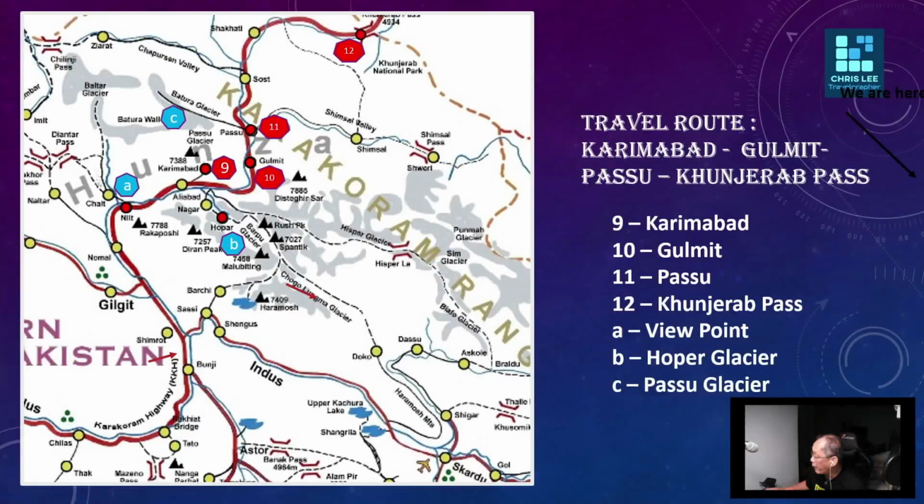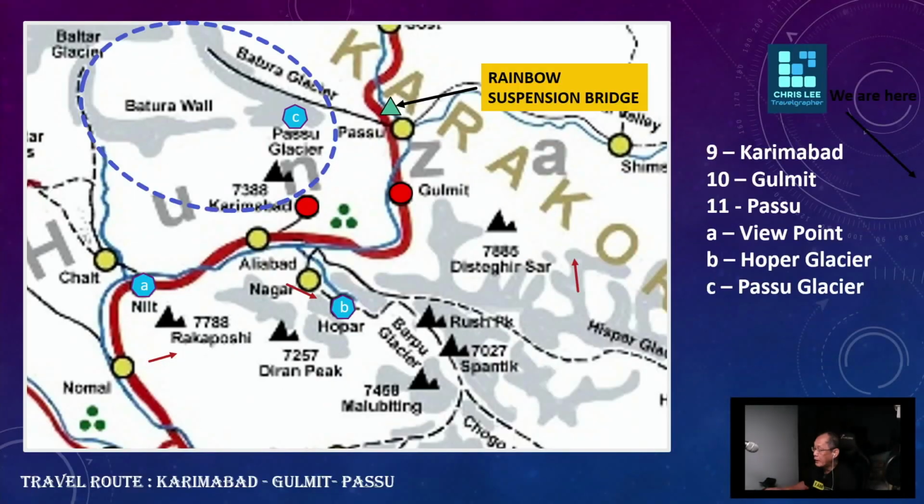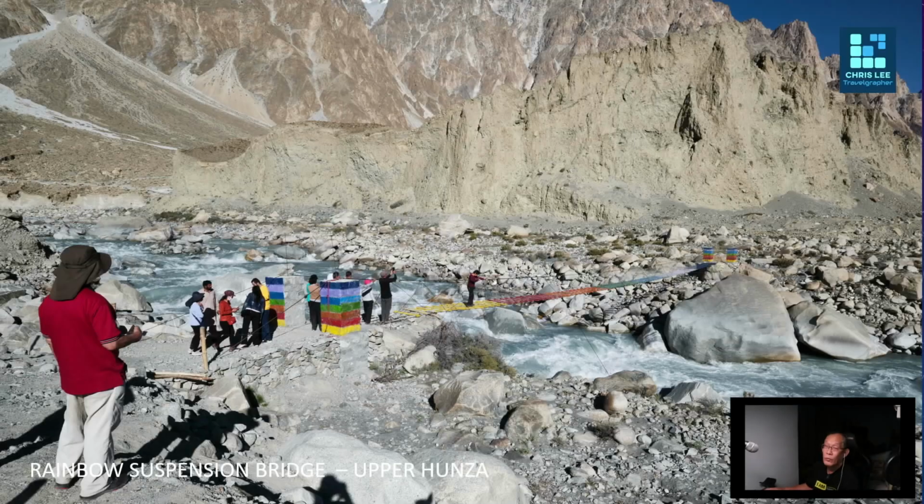You will compare this later with the Hussaini suspension bridge, then you will be able to see the difference. So we have our first encounter, probably using this as a training ground. If you can walk past this suspension bridge, it means you can probably try the Hussaini suspension bridge.